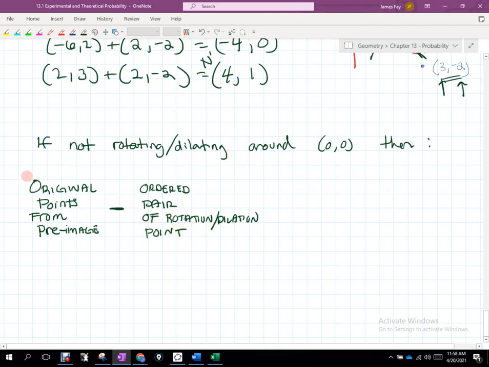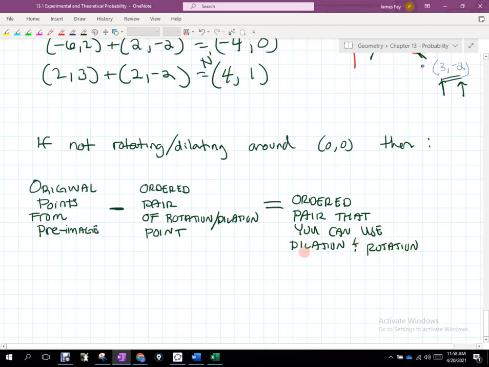Okay? So that's going to give you an ordered pair that you can use dilation and rotation rules on.